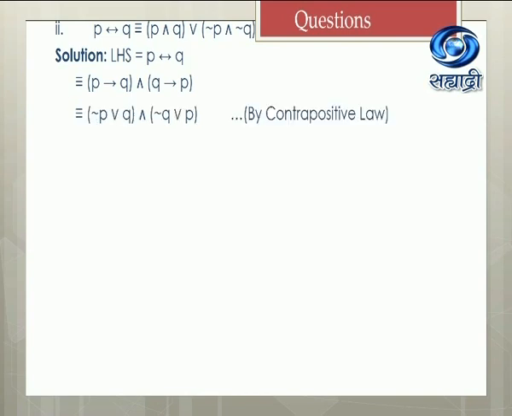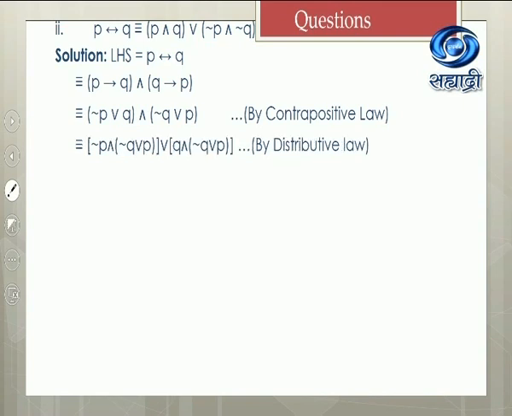Next example, P if and only if Q is equivalent to (P and Q) or (negation P and negation Q). So let us consider the LHS, P if and only if Q. So this can be opened as P implies Q and Q implies P. Now P implies Q is negation of P or Q. So now as you can see, we need to open up this bracket and so we use the distributive law.